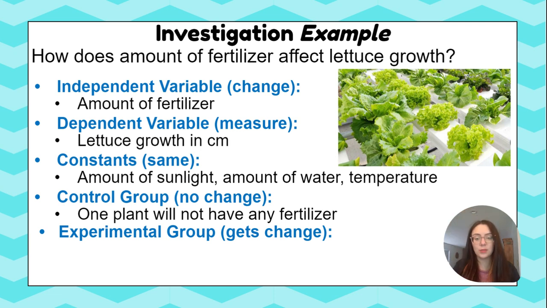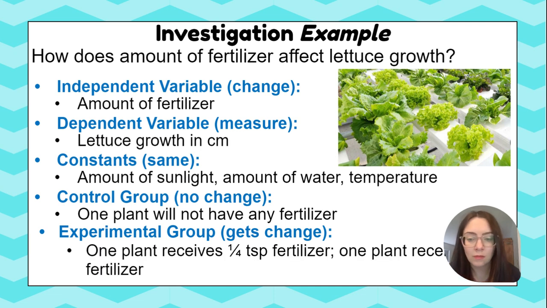So then what is your experimental group? Okay, we could have one plant receiving a 1/4 teaspoon of fertilizer and one plant receiving 1 teaspoon of fertilizer. Or you could have groups, like a group of plants with a 1/4 teaspoon, a group of plants with 1 teaspoon. Okay, those are your experimental groups.